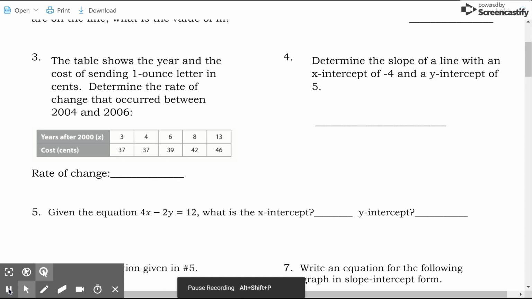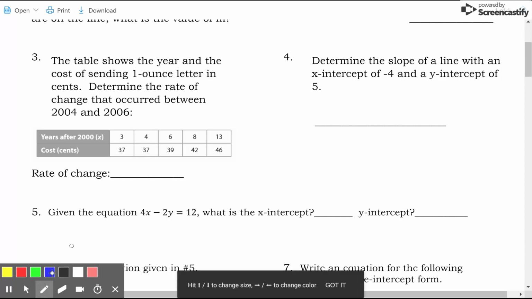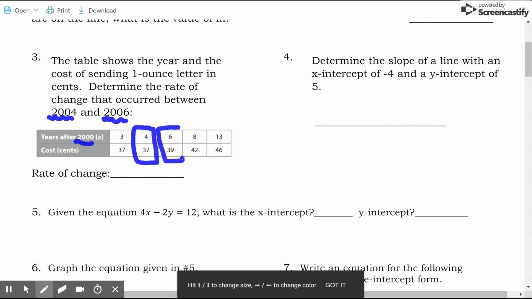All right, so on number 3, you have a table full of points. You can pick any of those points and find the slope of the line. But we want to know particularly the rate of change that occurred between 2004 and 2006. So between these 2 points, and it says years after 2000, this would be 2004, this would be 2006.